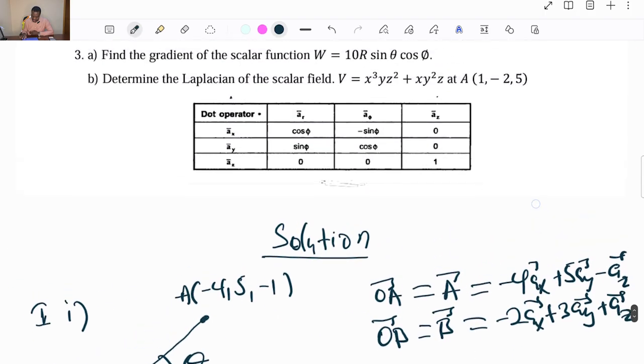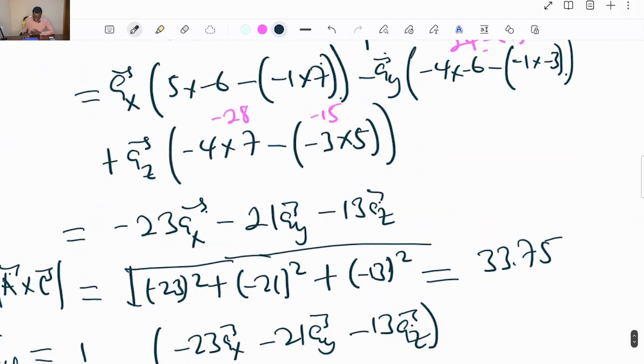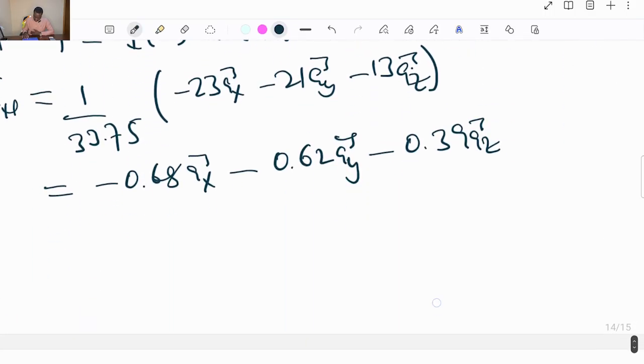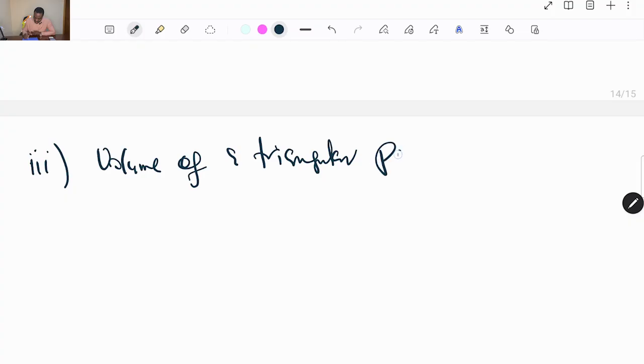We are told to find the volume of the triangular pyramid with the vertices A, B, and C. So when it comes to the volume of a triangular pyramid, the formula is going to be equal to 1/6 of what? The mixed product of the vertices.